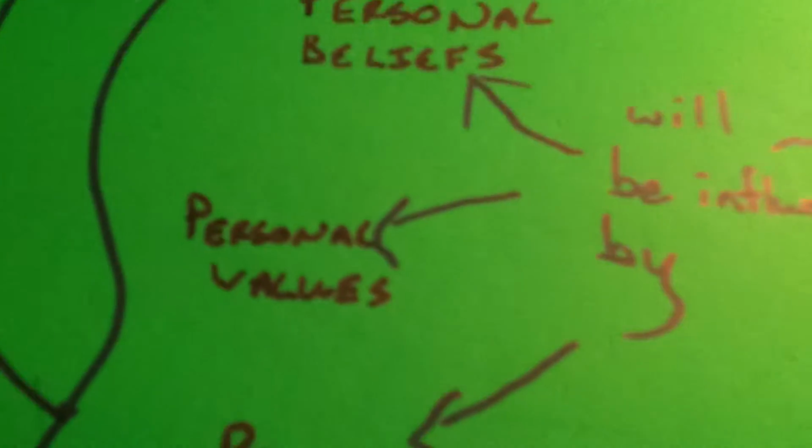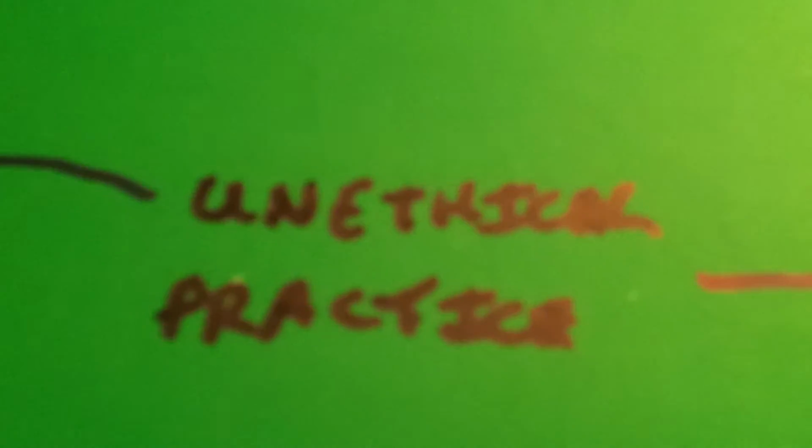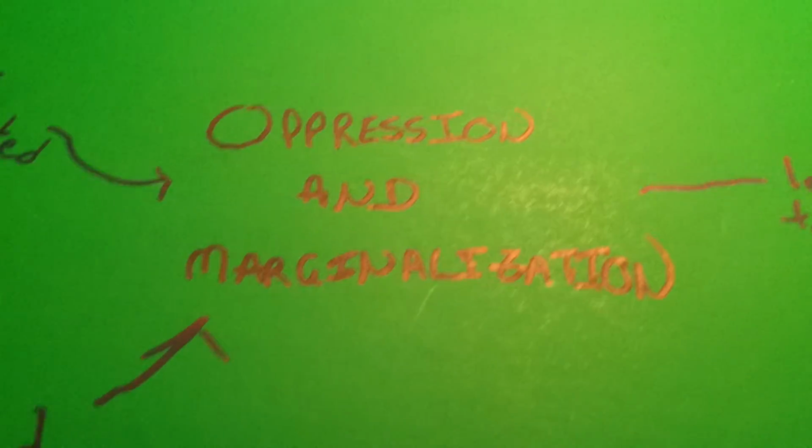Now, I, being a lowly and flawed human being, will be influenced by my personal beliefs, my personal values, and my personal biases. If I enter into practice blindly without considering the consequences and the limitations of my beliefs, values, and biases, that could lead to unethical practice and further marginalization and oppression.